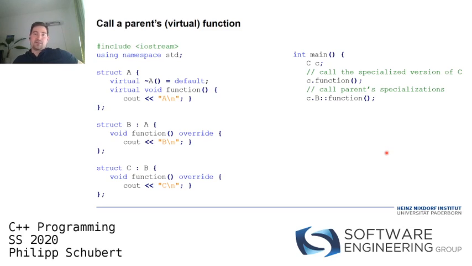This piece of code would call B's version of function, which would print a B to the command line. And then, of course, we can also say, please use the function's implementation of my parent A. So you would type c.A colon colon function, and it would eventually print A to the command line. So that's the idea basically.